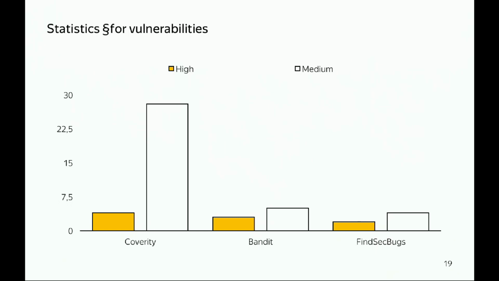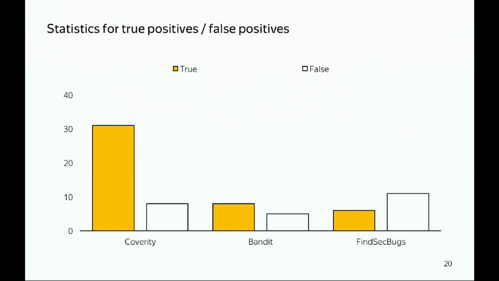If we look at the true positive, false positive rate, you can find the statistics here. You could see that Coverity gets more true positive samples because of our tuning also. We worked a lot, we switched off false positive checkers, we got in touch with the Coverity team, and so it's the result of complicated work.